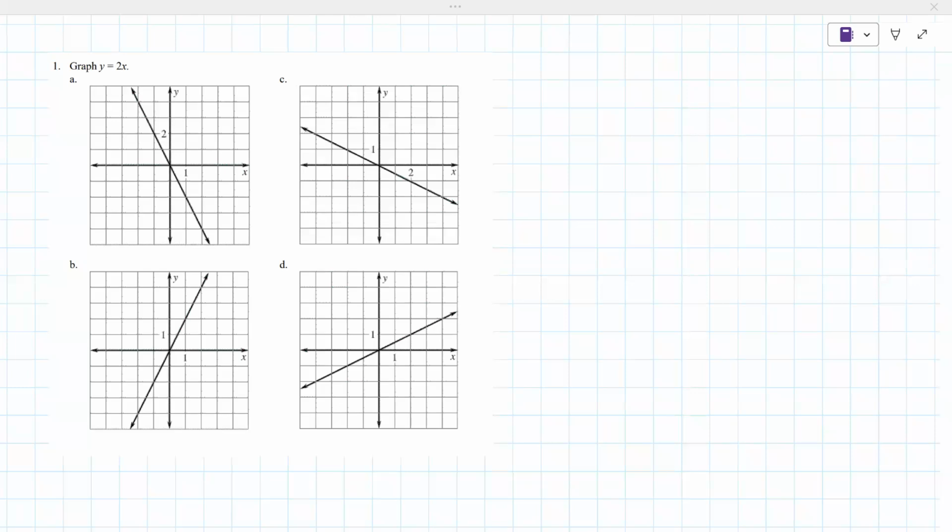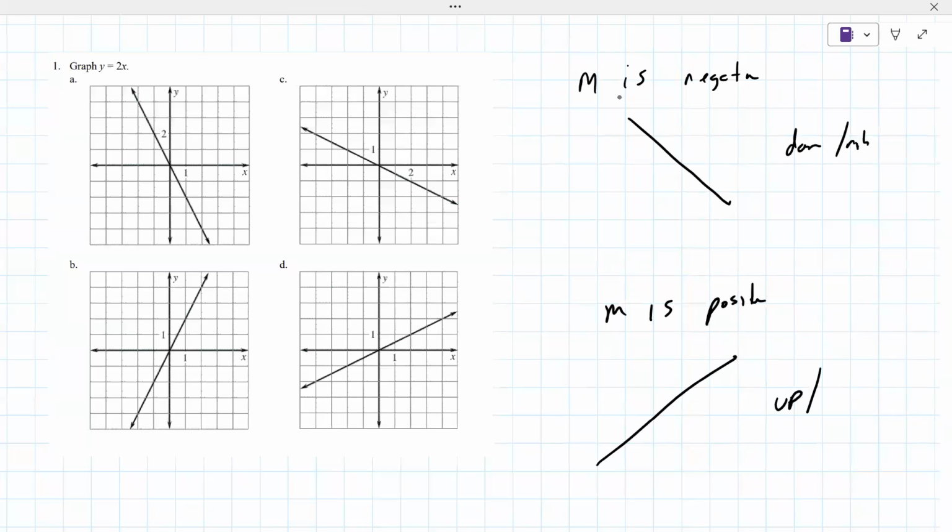Would it be A? So A has a negative slope. If the slope is negative, the graph always goes down and to the right. If the slope is positive, it goes up and to the right.